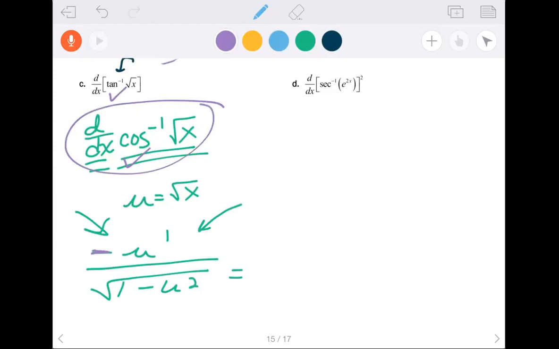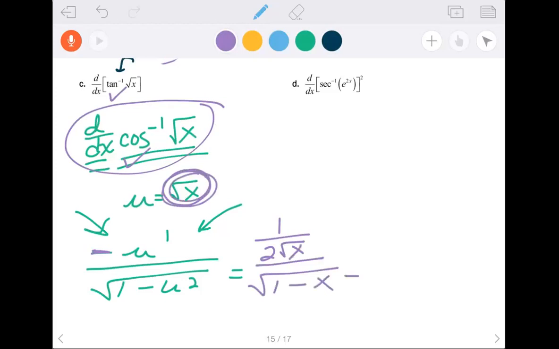All right, so now I need to take the derivative of this guy, 1 over 2 root x, we just did it, over. On the bottom, I have the square root of 1 minus, and my u squared is still just x. But in this case, when we never leave negative exponents, it becomes 1 over 2 root x times the square root of 1 minus x.